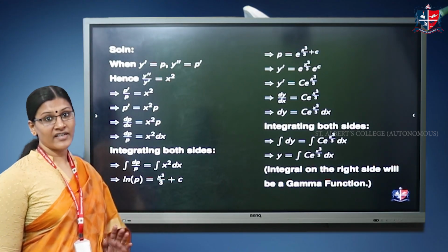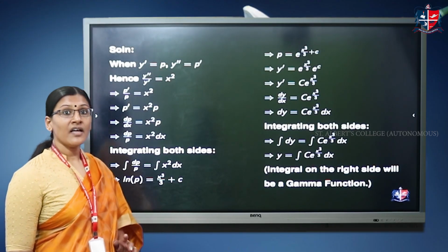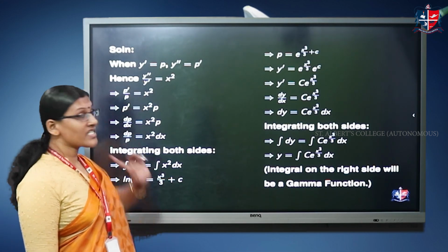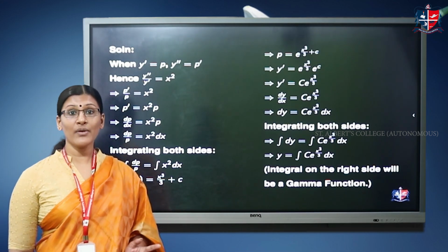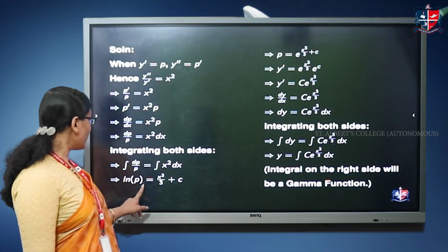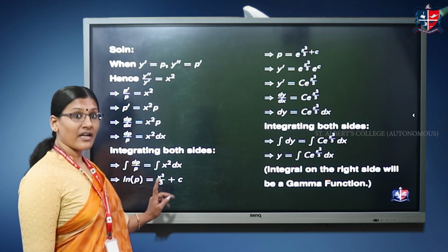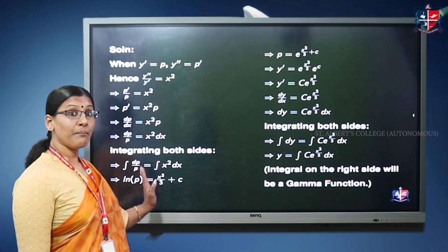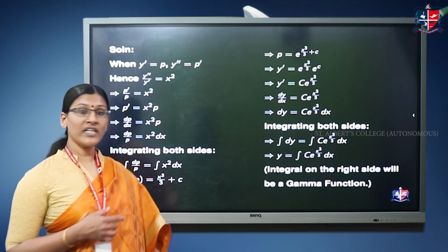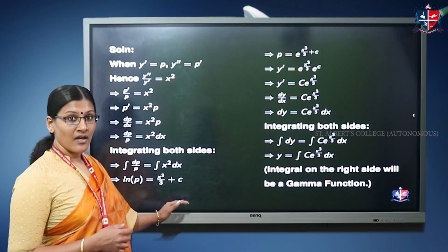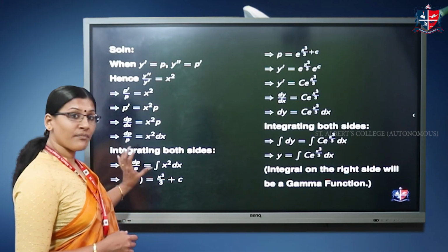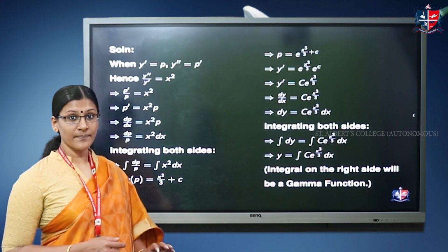But this is not the final solution, because the given equation is in x and y. The solution we got is in the variables x and p, but we need a solution in x and y. So we need to further solve it. For that, we will isolate p on one side of the equation.